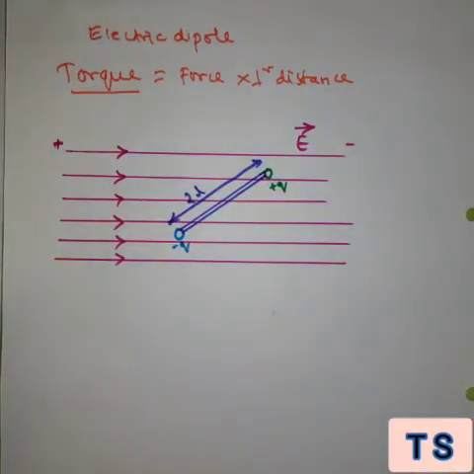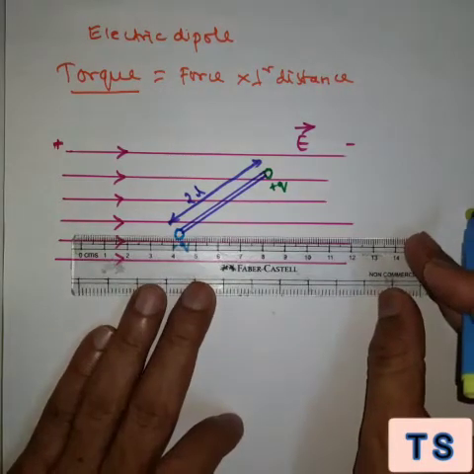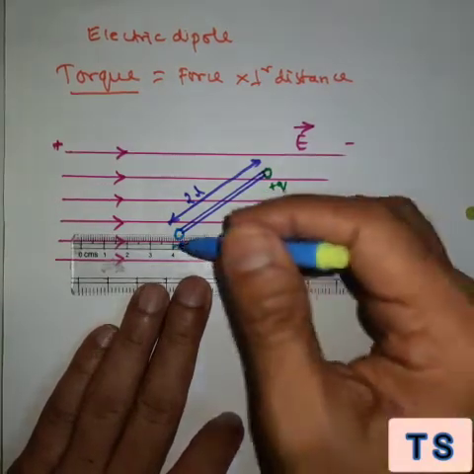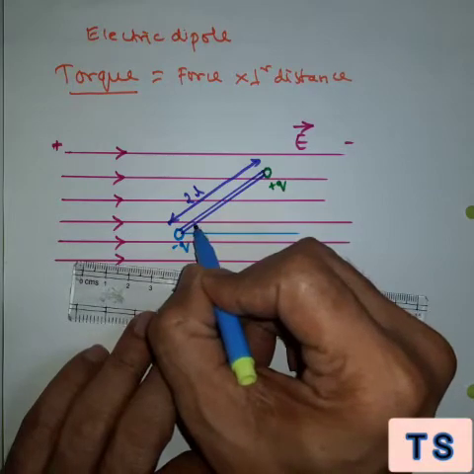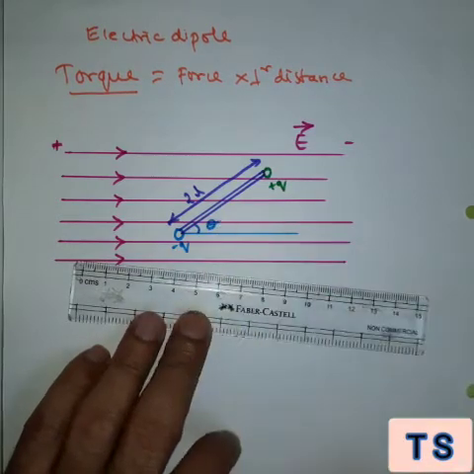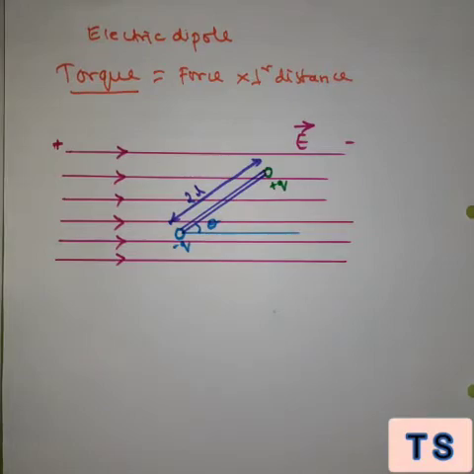Let's say that this particular dipole is at an angle theta from this electric field. So I indicate this particular field, and this angle is theta. So my electric dipole is placed in a uniform electric field at an angle theta.